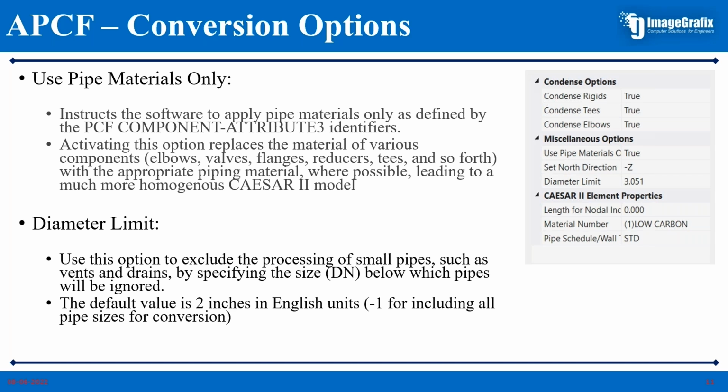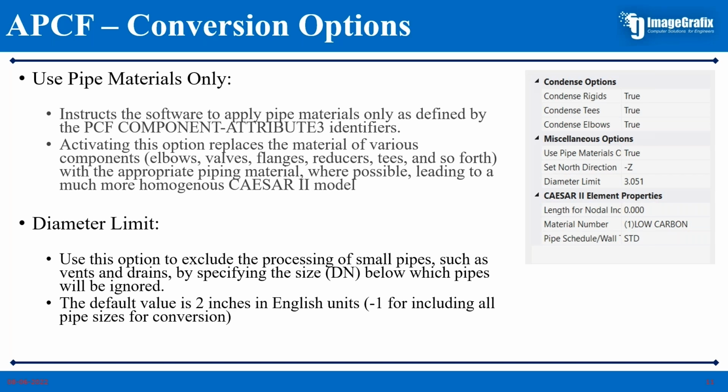Say I have a 14-inch long line containing lots of tapping connections for pressure gauges, temperature gauges, or some other small utility lines of half a meter or around 1 meter length. For these tappings, the diameter is less than 2 inch or less than 1 inch.